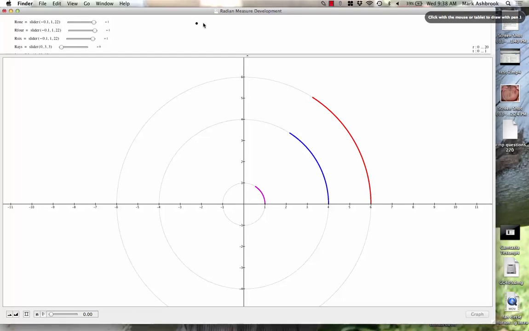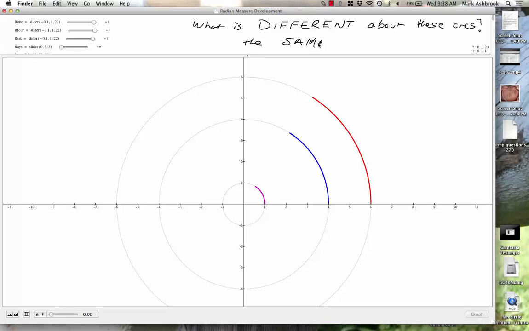And I want you to say, as many ways as you can think of, what is different about the 3 arc lengths? And what is the same?